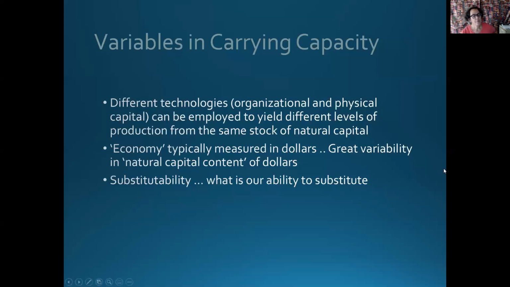So there is variability in the natural capital content of dollars. Back to that concept of substitutability: what is our ability to substitute different things that contain less natural capital for others?